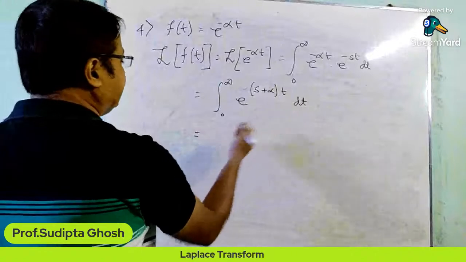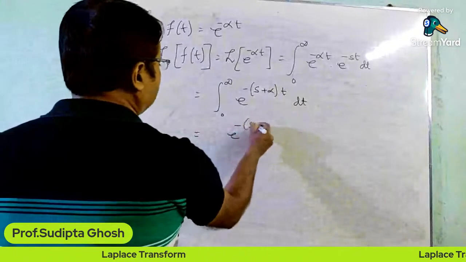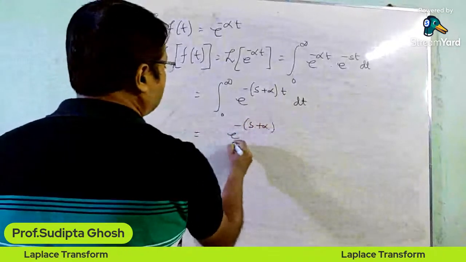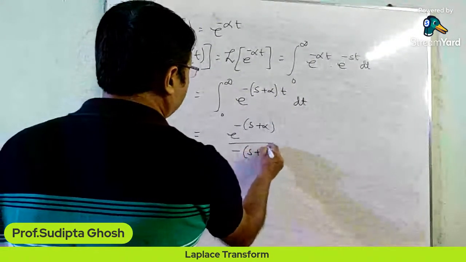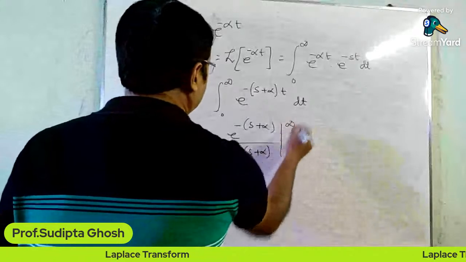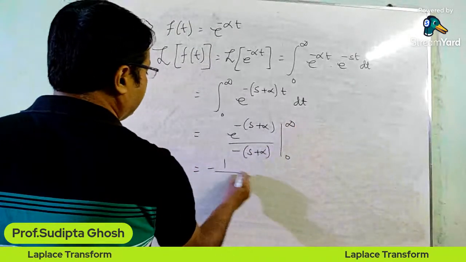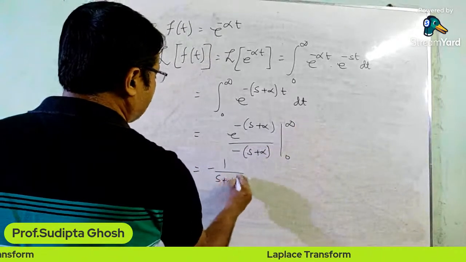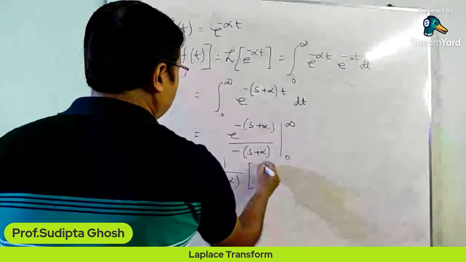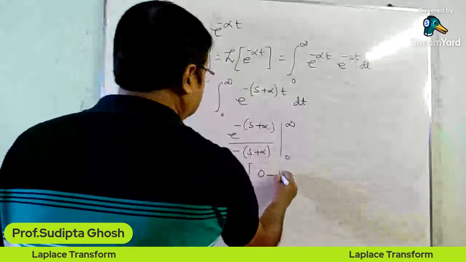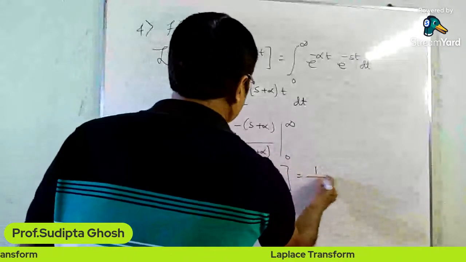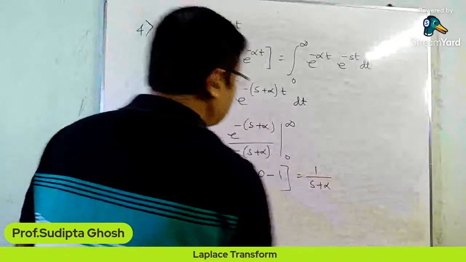After doing the integral, again we will have e to the power minus (s plus alpha) t divided by minus (s plus alpha), and the limit is 0 to infinity. So it will be minus 1 by (s plus alpha), then e to the power infinity means 0 minus e to the power 0, that is 1. So we have the value 1 by (s plus alpha).